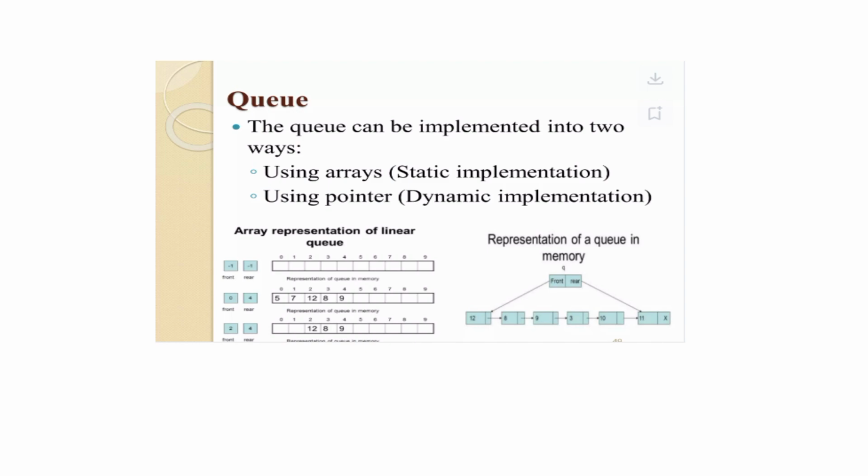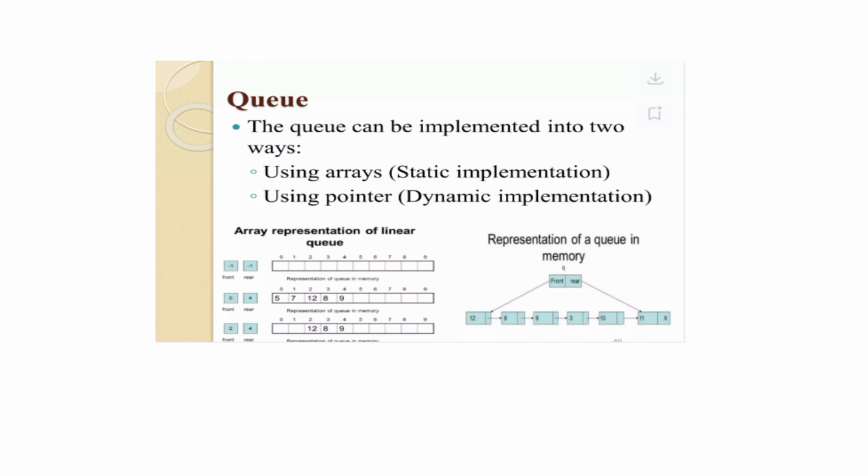So here you can see the representation of a queue. In the first example, the size of the queue is totally 10. There are no values, so the front and rear both point to -1, which indicates the queue is empty. In the second example we have stored five values, so the front is pointing to the zeroth index and the rear is pointing to the fourth index, that means the last element in the queue.